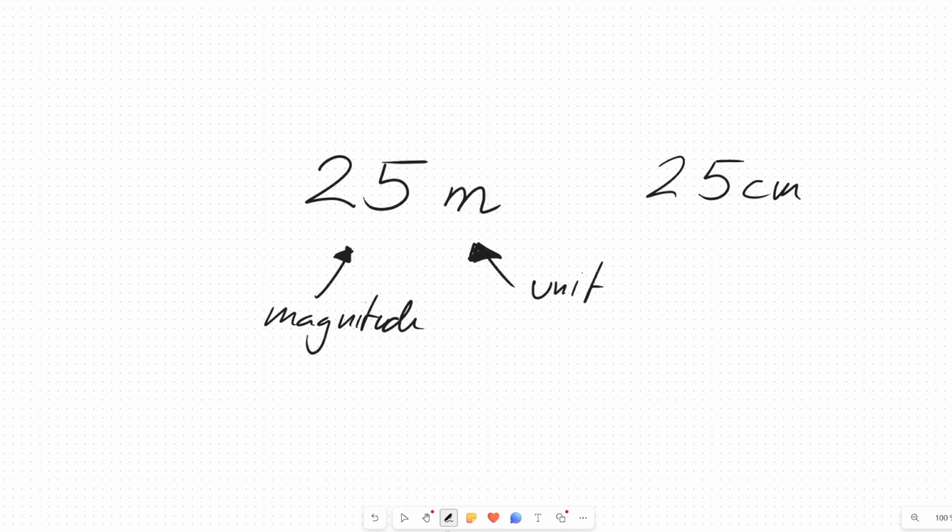What is measuring? Measuring is assigning a numerical value to a physical property, followed by a unit for comparison. And now we have to talk a bit longer about what a physical property is. Because when we say 25 meters or 25 centimeters, we're talking about a physical property. What is a physical property?